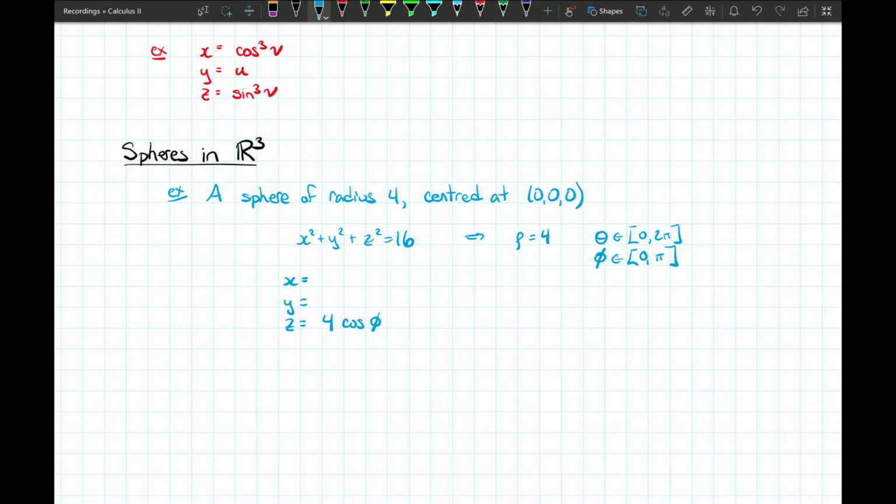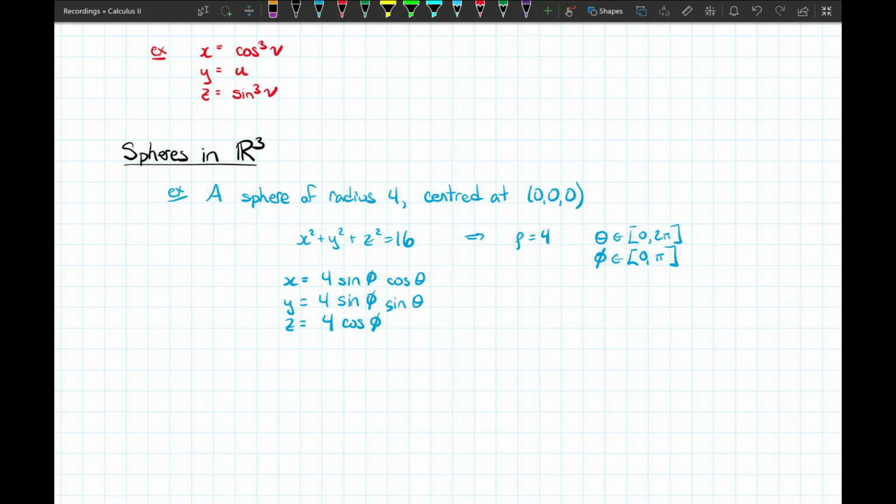If we want to find the x and y coordinates, though, we're first going to have to take rho and multiply by sine of phi. And that is essentially converting from our spherical coordinates to polar coordinates, but then we continue to convert to x and y by multiplying by cosine theta and sine theta.